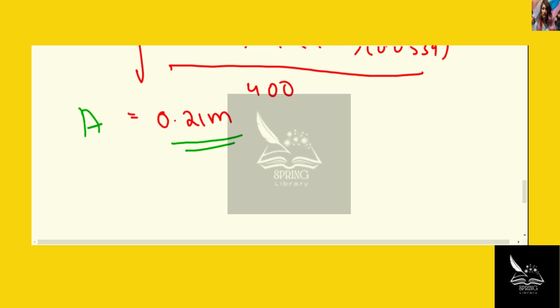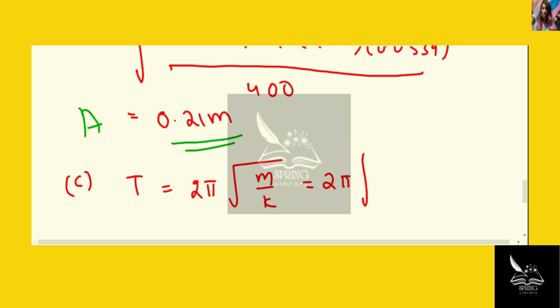Now, in the C part, we are going to find the time period. We know the formula to be 2 pi root of m upon k, that equals 2 pi root of 2.4 upon 400 Newton per meter, which is equal to 0.49 seconds.